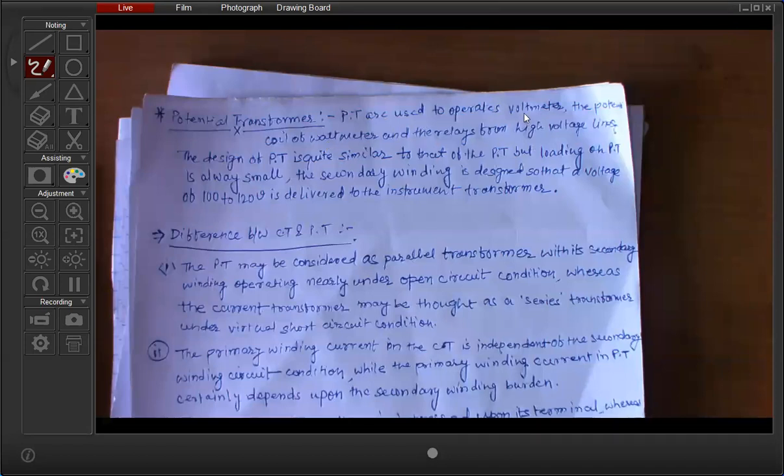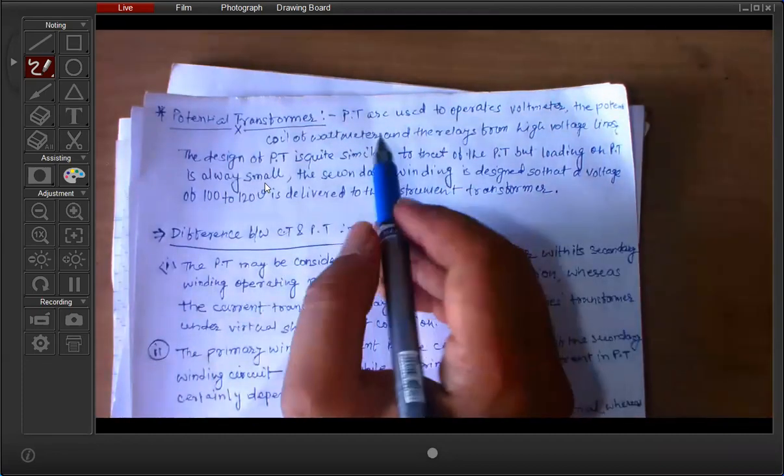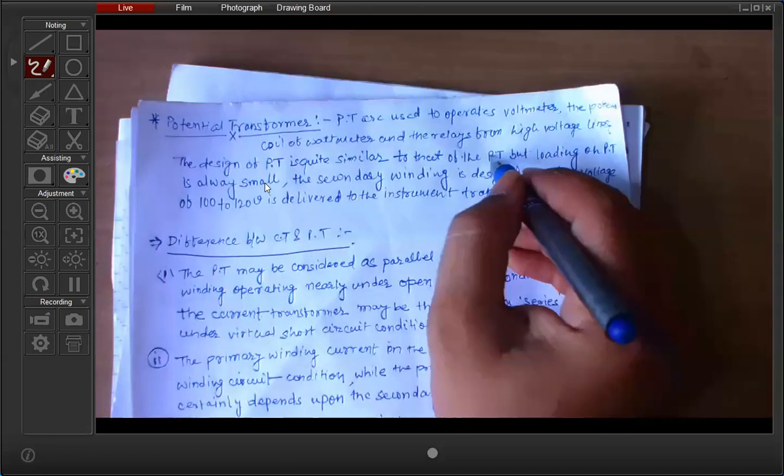So potential transformers are used to operate a voltmeter, the potential coil of a wattmeter, and the relay for a high voltage line. Design of PT is quite similar to that of the power transformer.